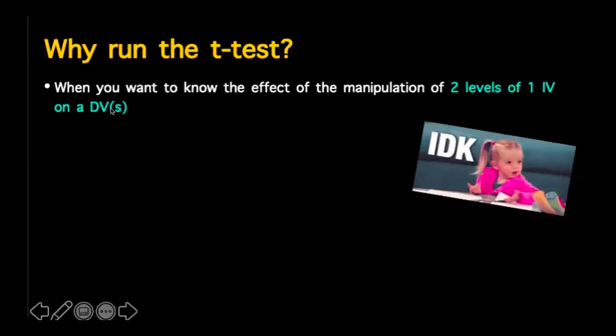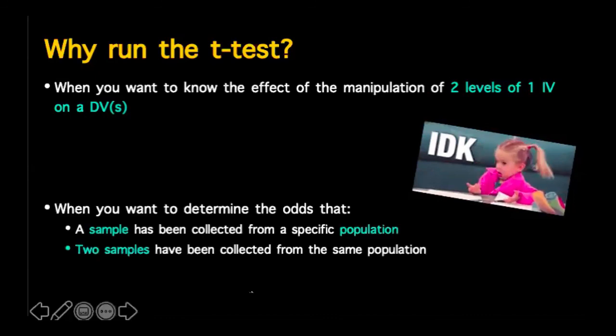when we run a t-test, right? We're comparing means between two groups. And there's a couple of different ways that we can compare these means. One, we can look at the odds that a sample has been collected from a specific population, right? So that's kind of the statistical inference concept, right?